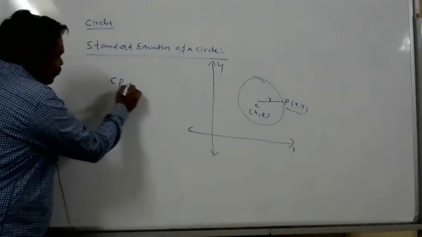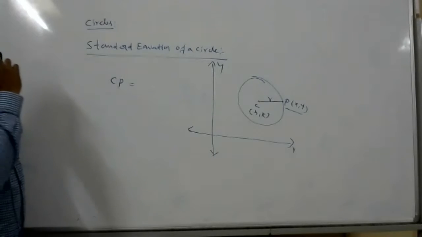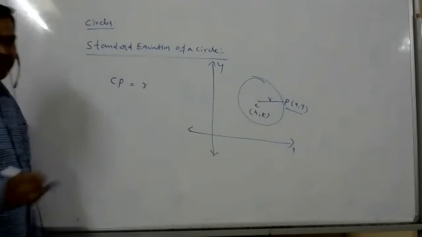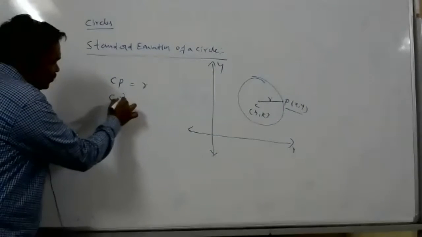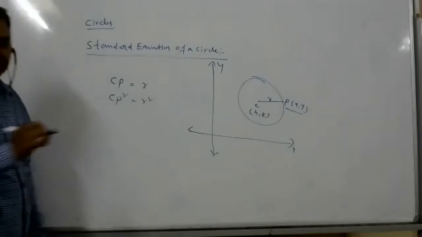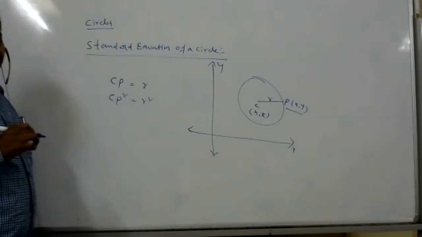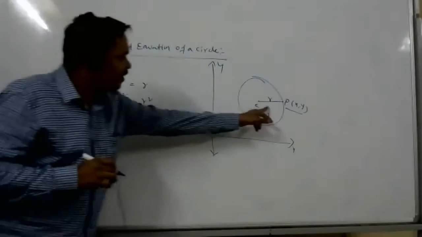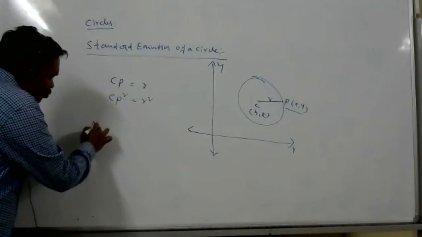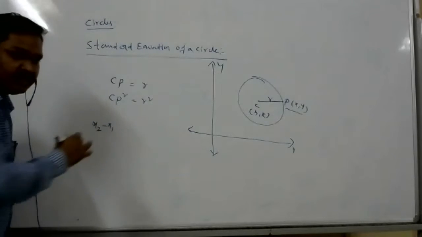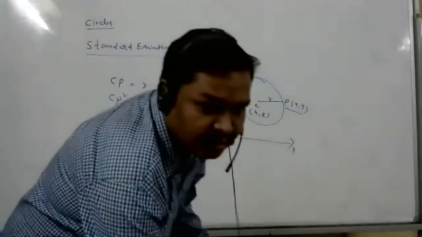CP is equal to R, right? CP square is equal to R square. CP square, distance between 2 points. What is the formula?